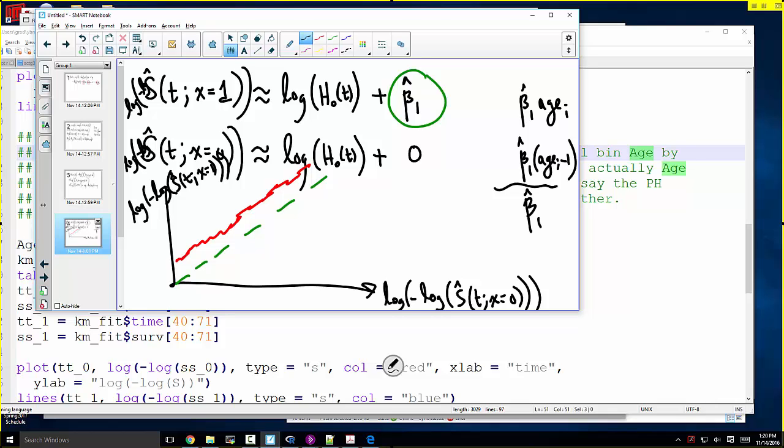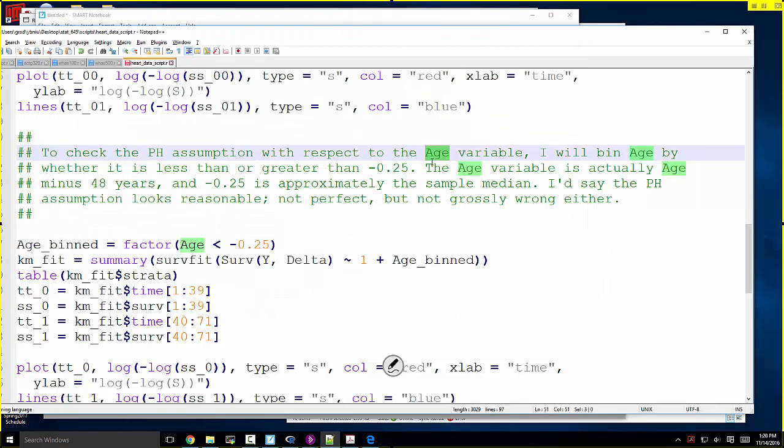So what we can do with a numerical variable is bin age into multiple categories. The easiest way to do binning is to use 2 categories, although that's probably not optimal. We'll do 2 categories because it's the easiest way to do it in this case.